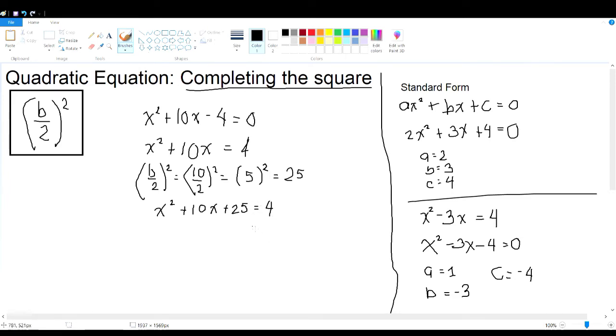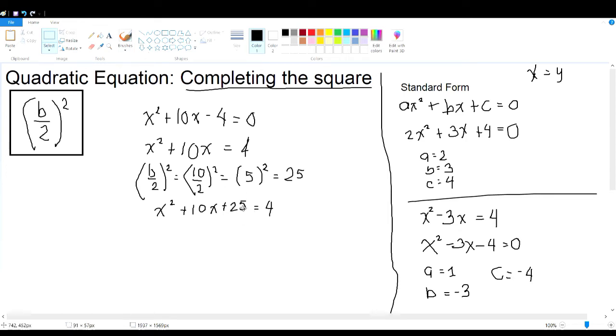And since pinag-uusapan natin dito is equation, pag sinabi mo equation, equal. Parang yan, x is equal to y. Dapat, since equal sila, kung anong meron kay x, dapat magkakaroon din si y. Parang kung anong meron kay Pedro, dapat meron din kay Juan. Ang ginawa ko dito, naglagay ako ng plus 25 to complete the square.